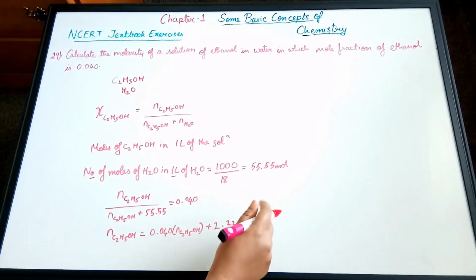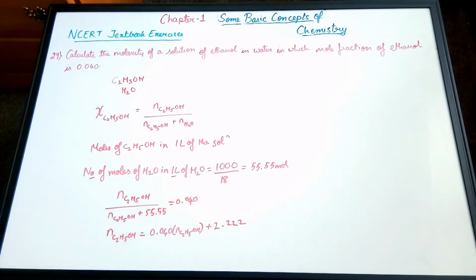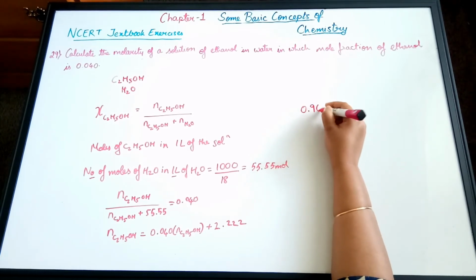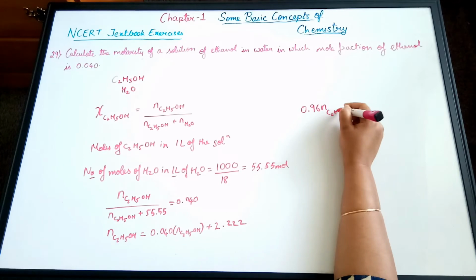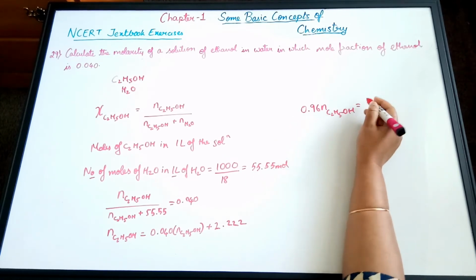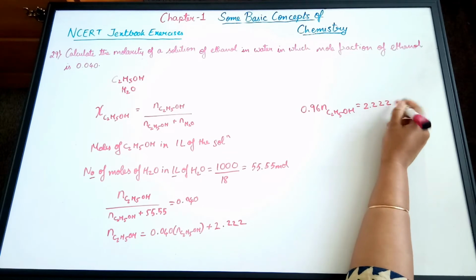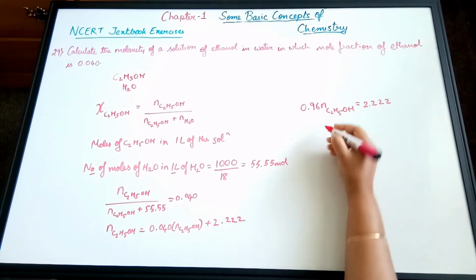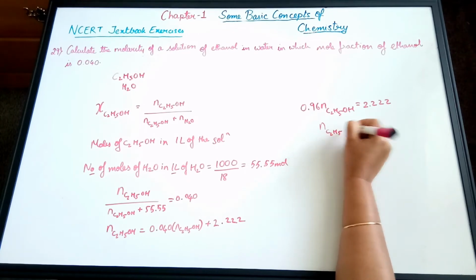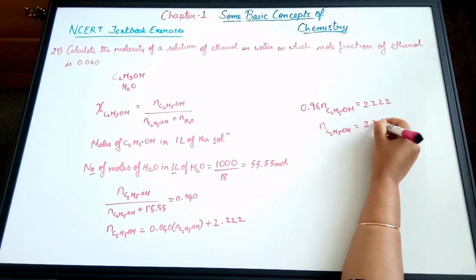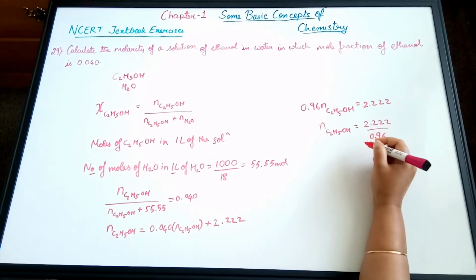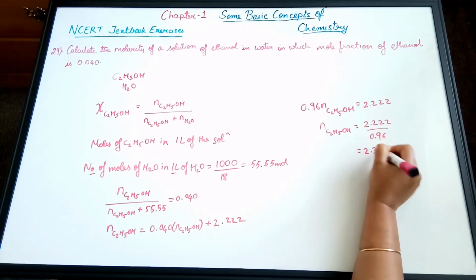That gives 2.222. When the term goes to this side, it becomes minus, so this becomes 0.96 N of C2H5OH equals 2.222 moles. Simplifying further, N of C2H5OH equals 2.222 divided by 0.96, which gives 2.31.